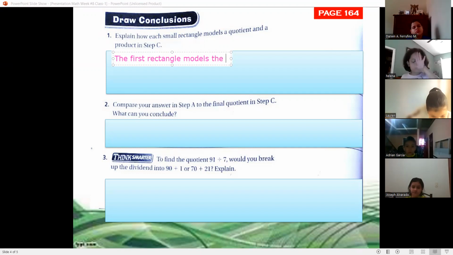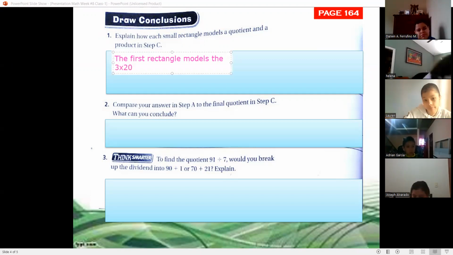How many groups of 3 do I have in the big rectangle? I represent the 60 in the rectangle, but I had 3 groups of how many? 20. 3 times 20.